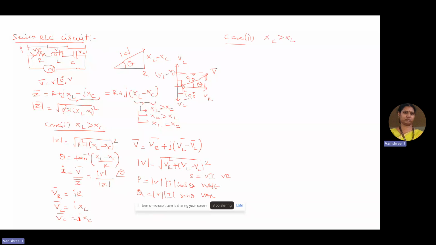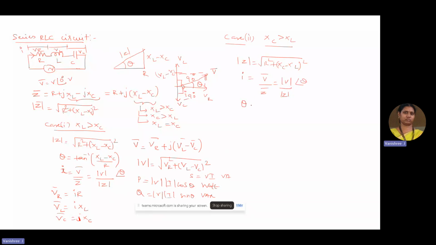XC is greater than XL. In which case your modulus of Z will be root of R square plus (XC minus XL) the whole square. Then I can be determined as V divided by modulus of Z, or modulus of V divided by modulus of Z, with an angle theta.